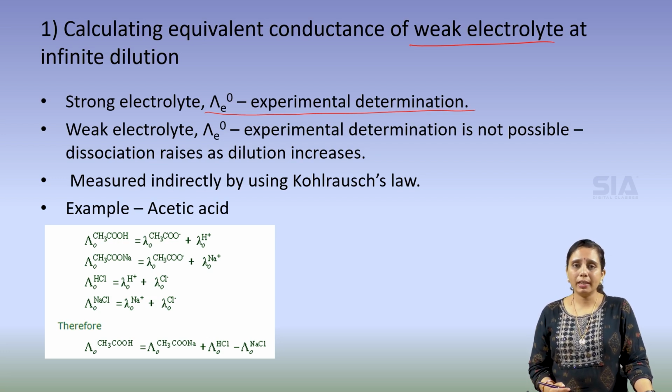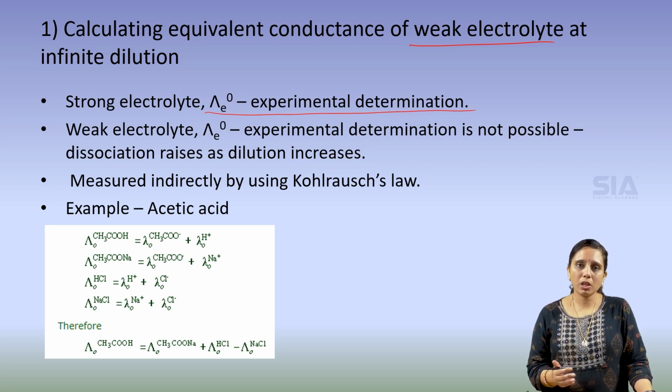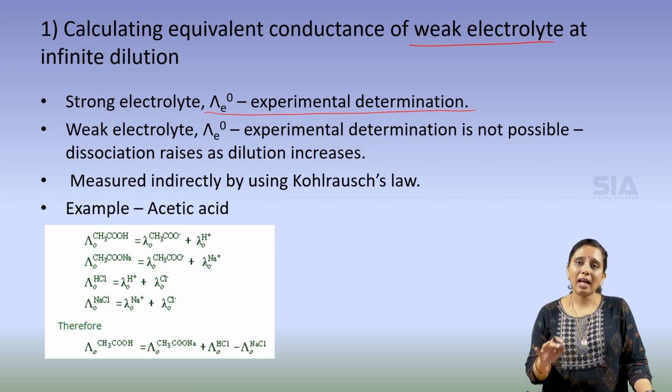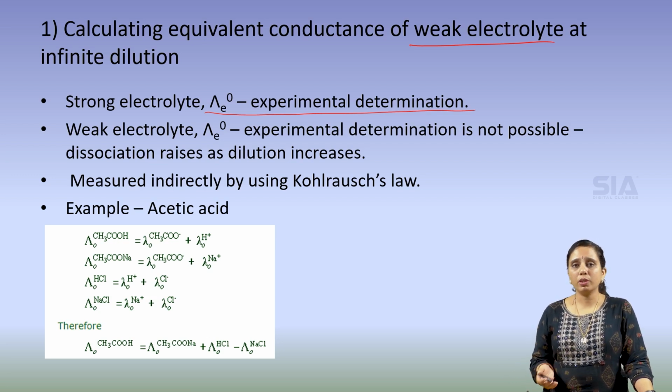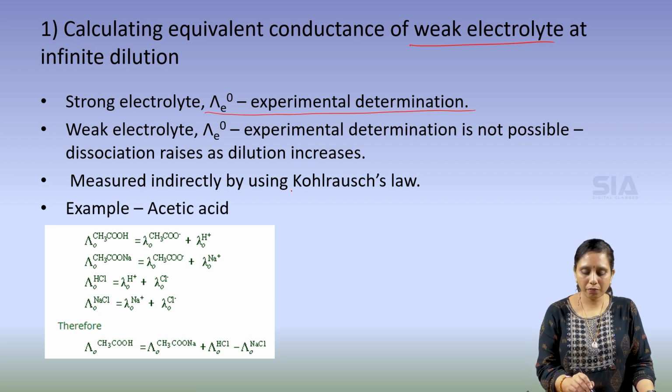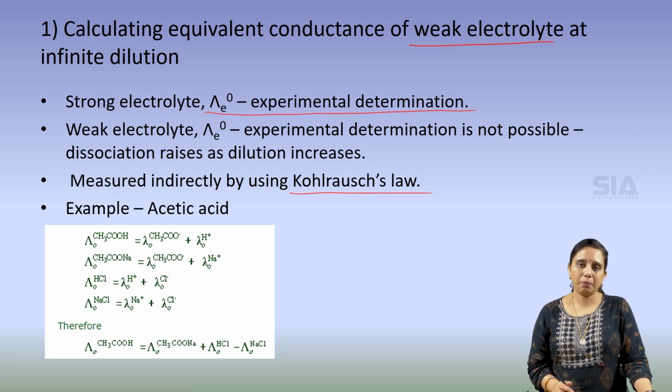But for a weak electrolyte, it is not possible, because the dissociation of a weak electrolyte slowly increases as the dilution is increased. So it is not possible to determine experimentally, but using Kohlrausch law, we can measure it indirectly.